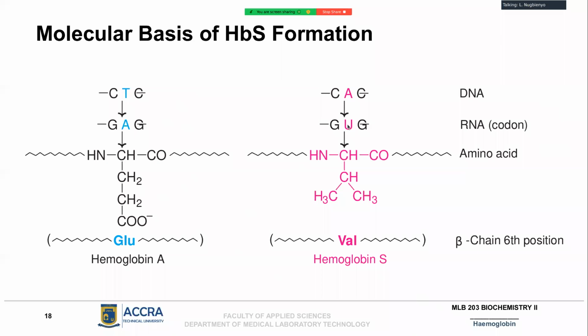Remember, this is an RNA, and so you have this nucleotide being uracil. And this change alone in that code on the DNA now results in the synthesis of the amino acid valine on the 6th position on the beta chain. And that causes the sickle cell hemoglobin.